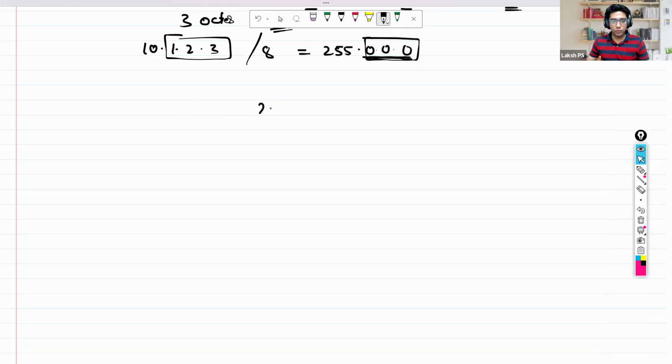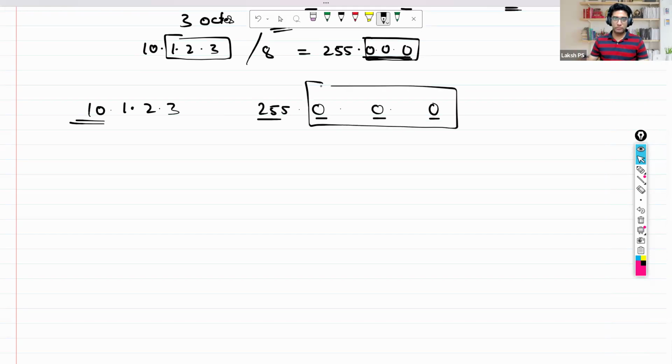255.0.0.0 is the default address mask for 10.1.2.3, because this is a class A IP address. Again, I'm giving away a subset of the host part to someone else.